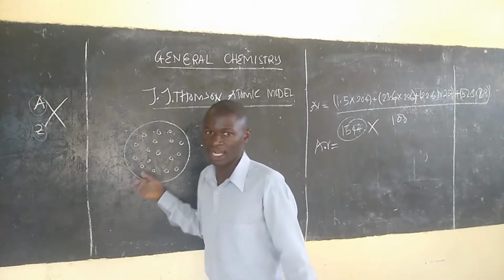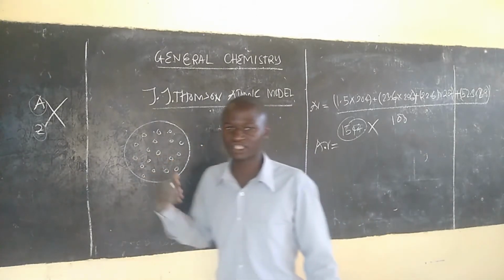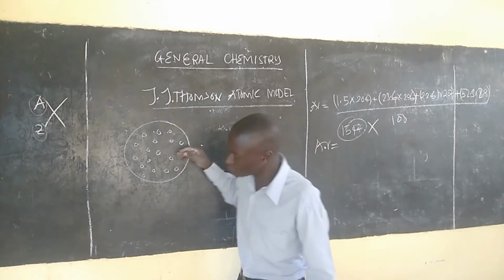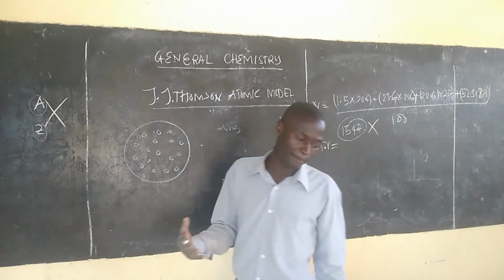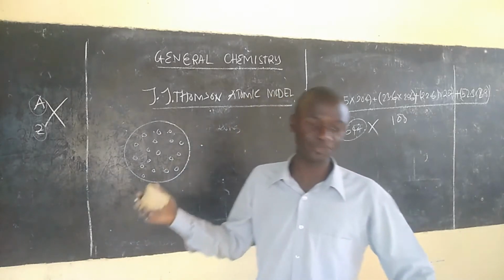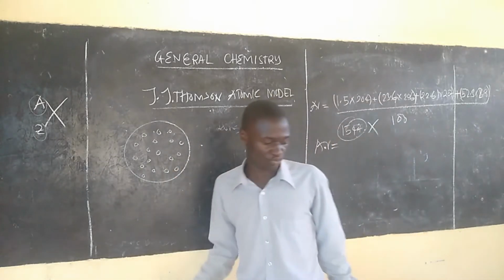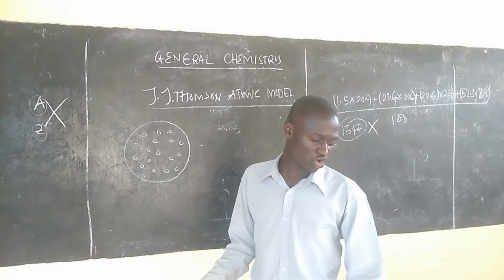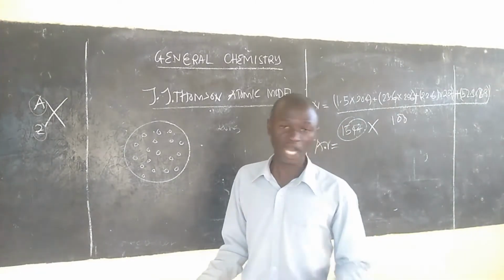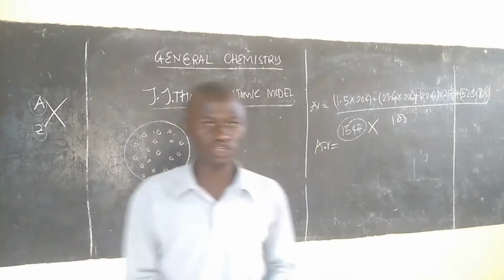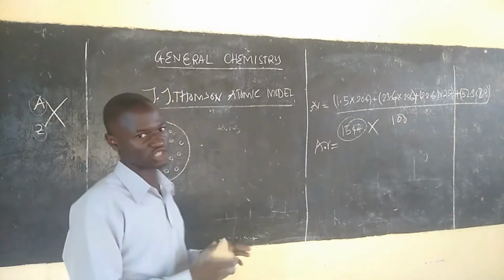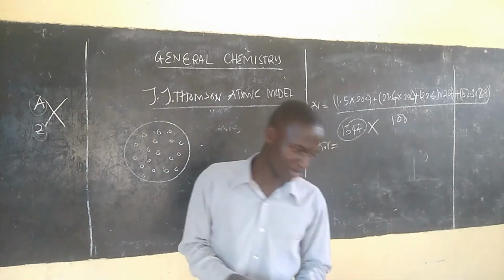So he said that the electrons, they are distributed in an atom, like how the seeds are distributed in the watermelon. And this model is what we call the plum pudding, related to the distribution of electrons in an atom, as suggested by J.J. Thomson atomic model. So according to J.J. Thomson, kwa sababu unaweza kuuliza swali kwamba uandike J.J. Thomson atomic model, utasemaje?